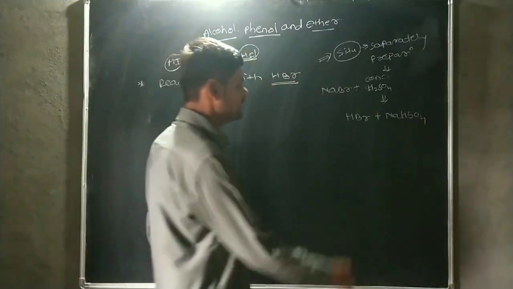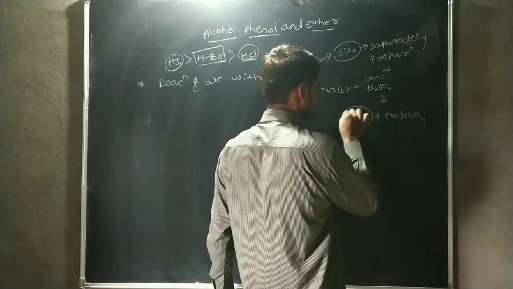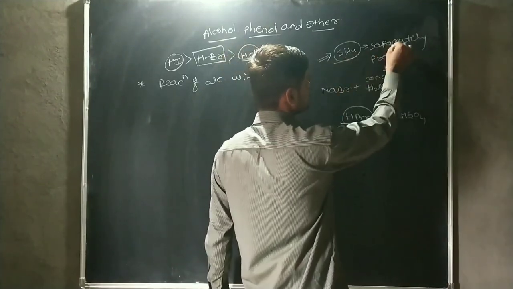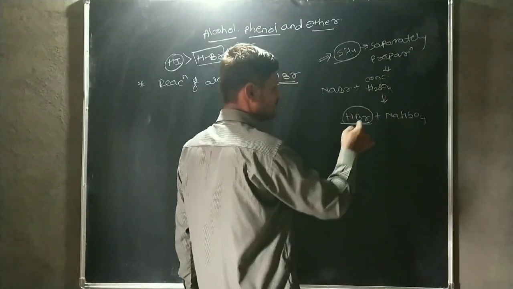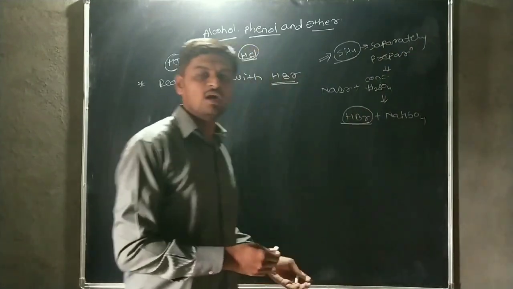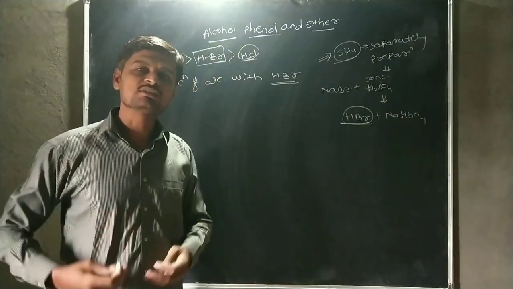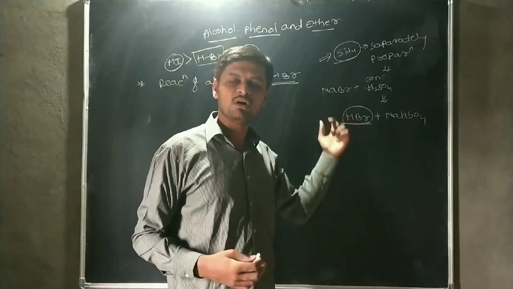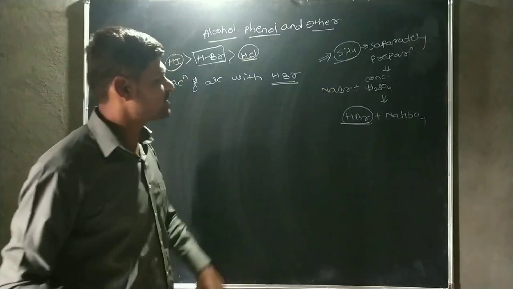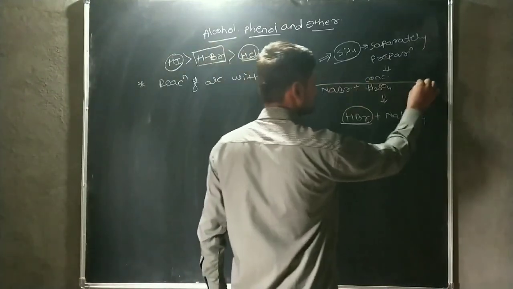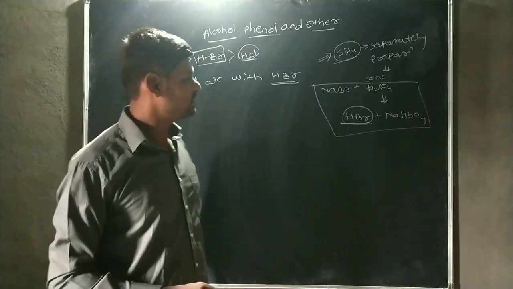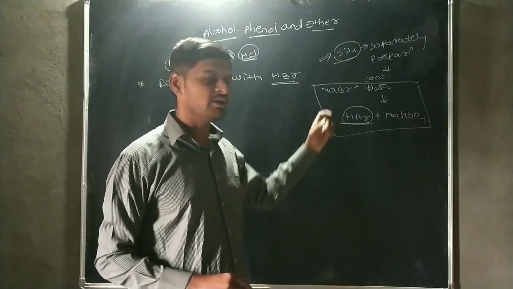This is the preparation method of HBr. HBr is prepared in situ, that means separately, and this separately prepared HBr we now use in the reaction of alcohol. Due to the least stability of HBr, it is prepared in situ.